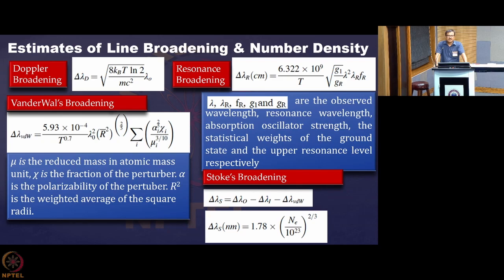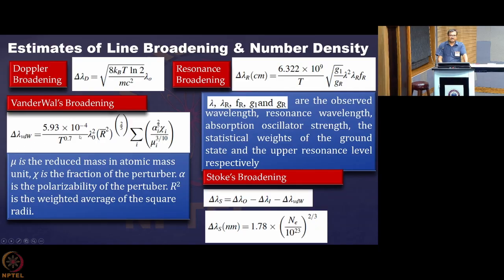Lambda is the wavelength, lambda r is the resonance wavelength, fr is the absorption oscillator strength, and g1, g2 are the statistical weight factors of the ground state and the upper resonance level. So this is the resonance broadening, and then van der Waals broadening has the relationship that I have shown here.